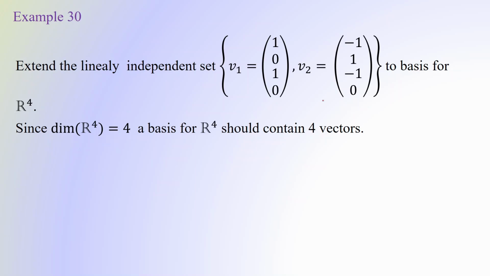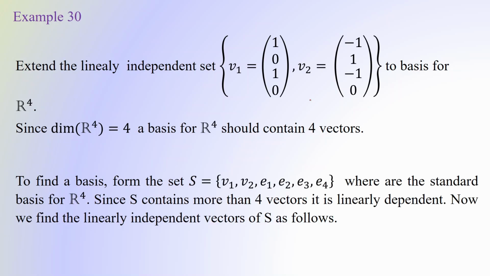To do that, we take a set S containing v1 and v2. Since we do not have any other idea about the other vectors, we include the standard basis of R4, e1, e2, e3, e4. Now it contains 6 vectors, but we need only 4 vectors to form a basis.